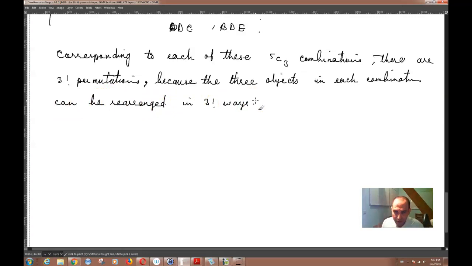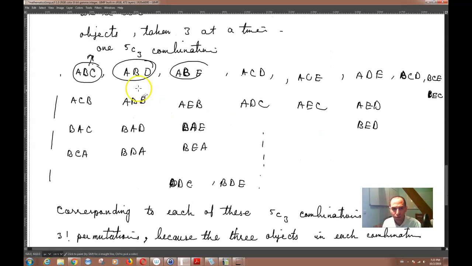And so what that means is that all of these results that you get over here is just one permutation of that I can call 5 permutation 3. Now, corresponding to each of these permutations, there are 3 factorial permutations, or I could say each of these I could call a combination of the 3 letters.